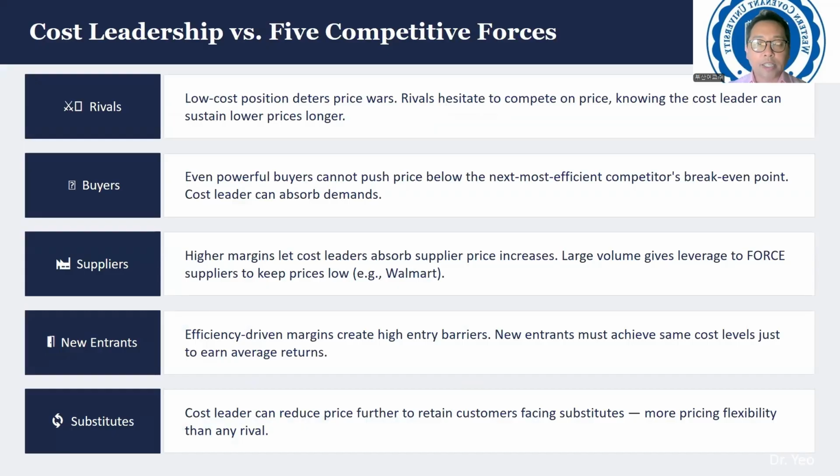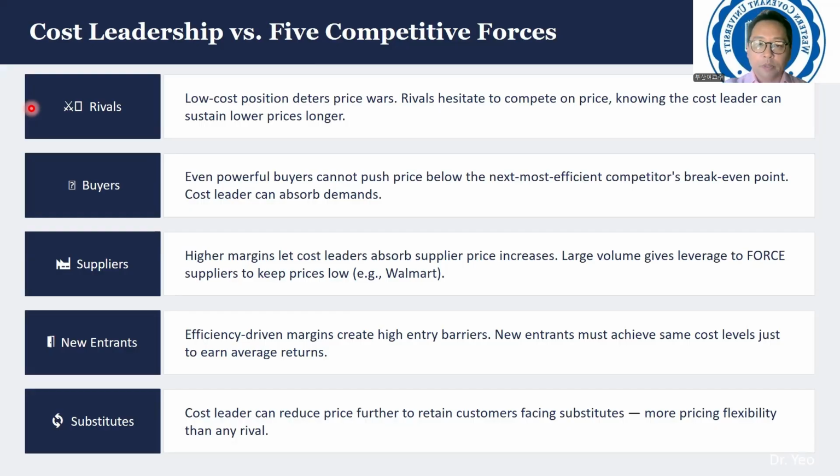Now let's analyze how cost leadership helps a firm navigate the five competitive forces from chapter 2. Against the rivals, if you're the cheapest producer, other firms are afraid to start a price war with you because you can outlast them. Walmart wins price wars.